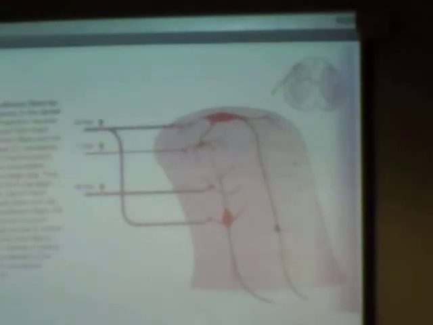They then directly synapse with second order neurons. You can see them here, these red blobs, those are cell bodies. So the second order neurons start in lamina 1 and lamina 5, and then do what we've talked about before. Those second order neurons go across the white commissure, go to the spinothalamic tract, and go up to the VPL. So that's the pathway for this prickly kind of pain.